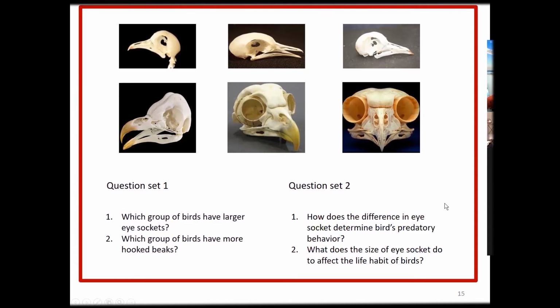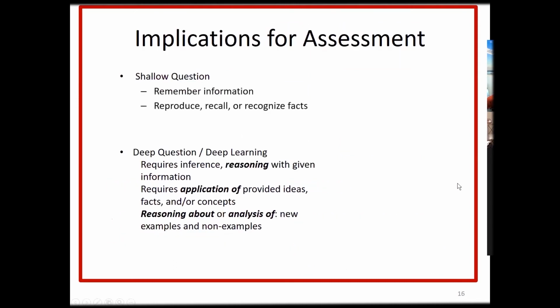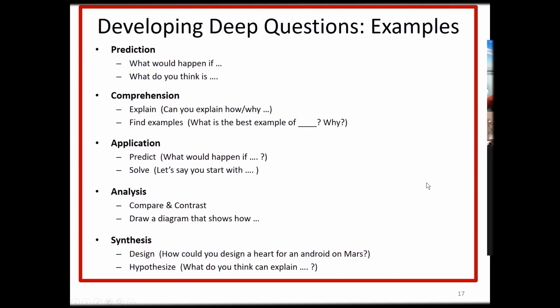So we see that the first set we describe as shallow level, the second one as deep level questions. So the implication for assessment is that shallow questions are for remembering, reproducing, and recalling, and deep questions require inference, reasoning, application, and analysis, okay.